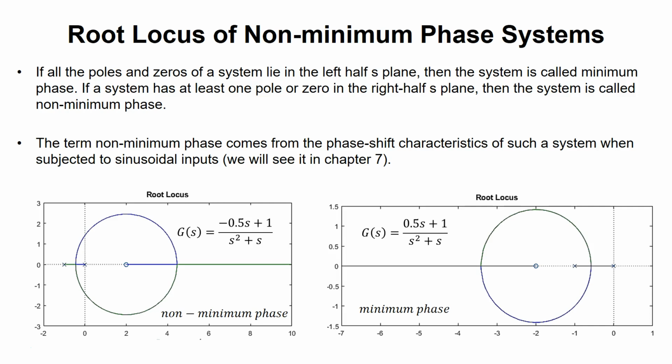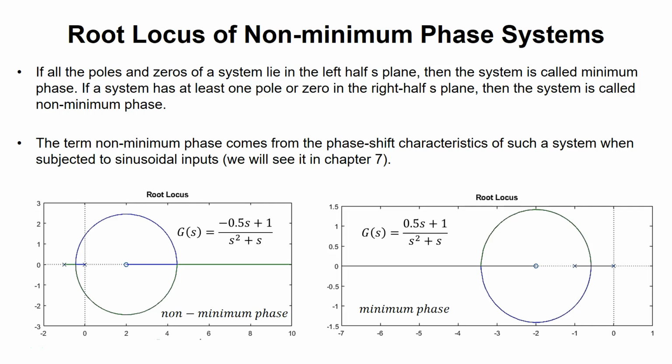But what happens is when you have any positive pole or zero for G times H, that's going to change the behavior of the root locus compared to a similar system with everything else the same, but the zero or pole, instead of being positive, is negative. For example, if you look at these two here, the system on the left is non-minimum phase.